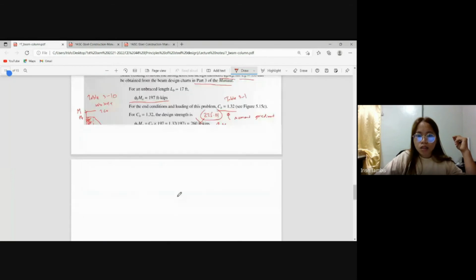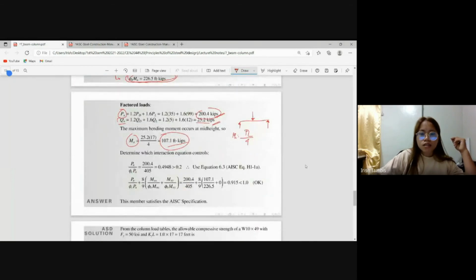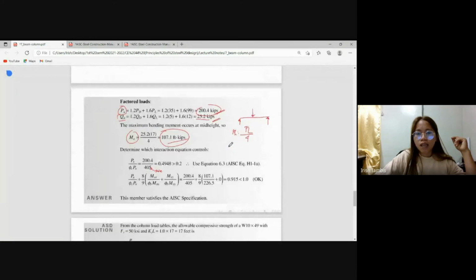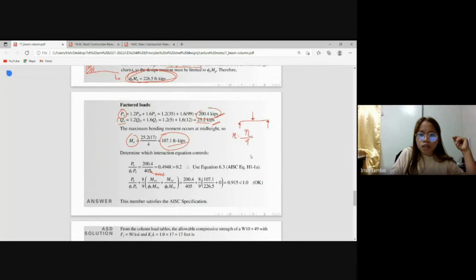So in our example, the factored load P_u is 200.4 divided by the resistance factor times P_n, which is from the table, nakuha na to from Table 4-1 from the AISC specification. And the answer for this one is greater than 0.2. Meaning, the actual load ratio is greater than 0.2.